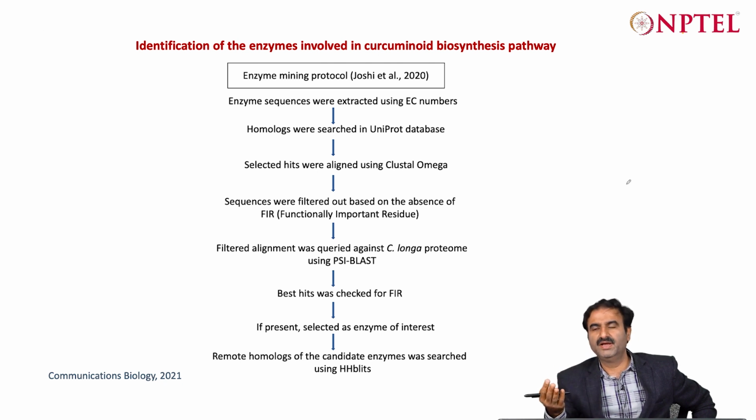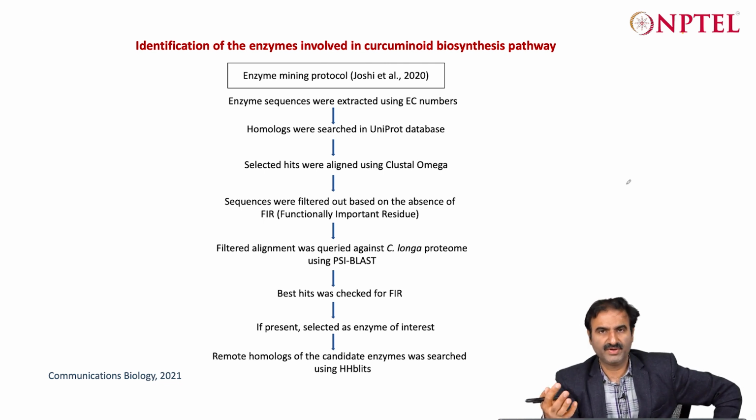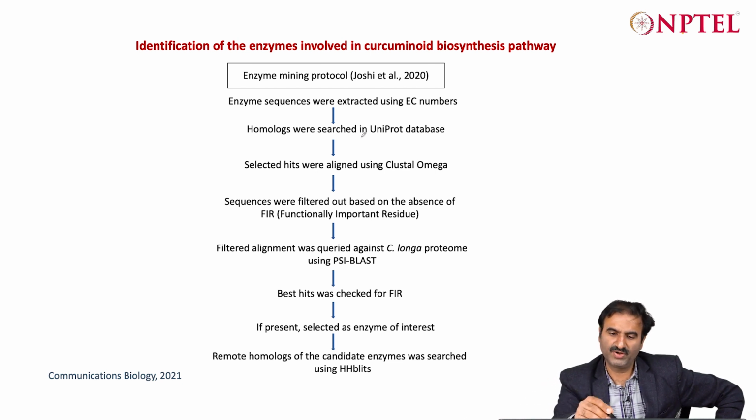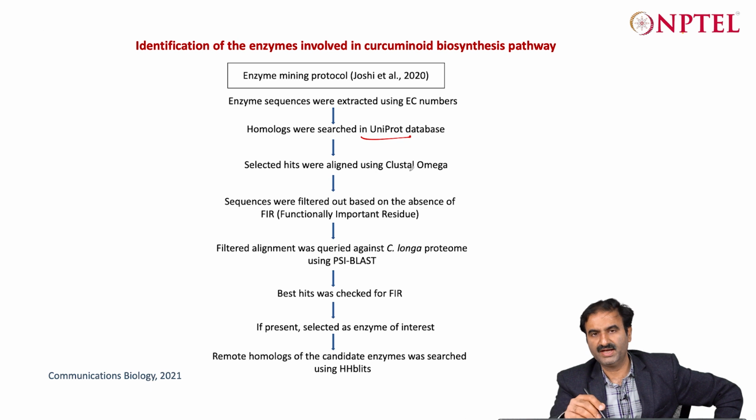For example, in this case, the authors took the genes they were interested in for a pathway, looked at the EC numbers of those, identified the homologs from UniProt, then aligned all those homologs together using Clustal Omega.